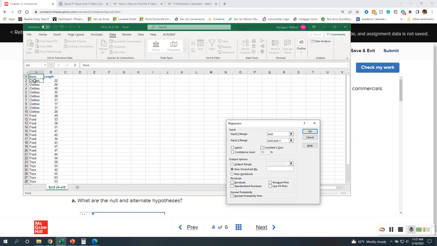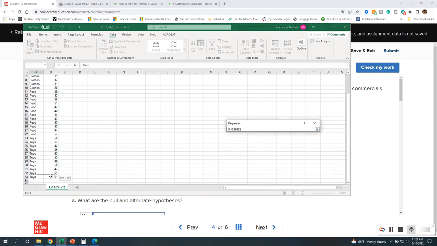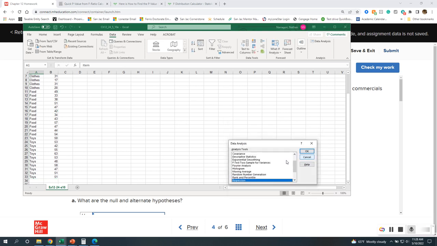So, notice this. Now, if we try to do regression, which is chapter 13, let me highlight. It's not going to help us at all. So, we can't use that one. So let's see here.